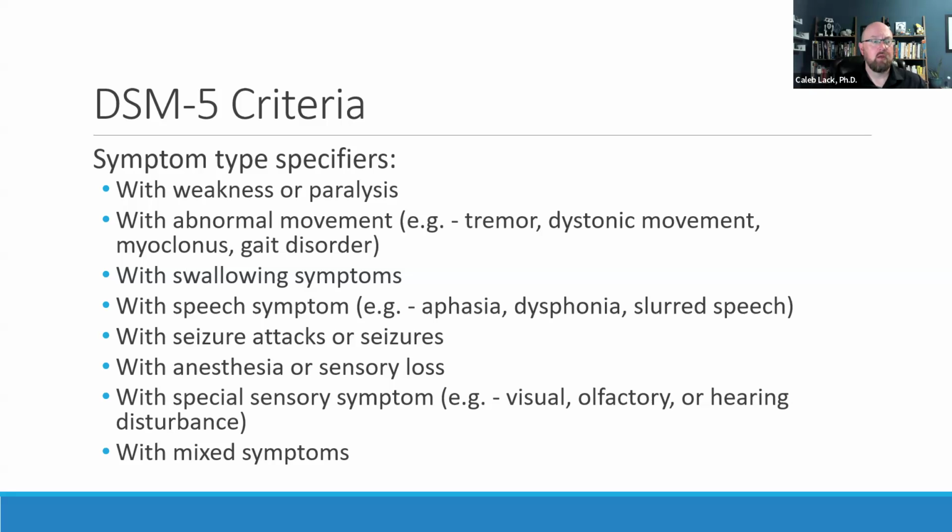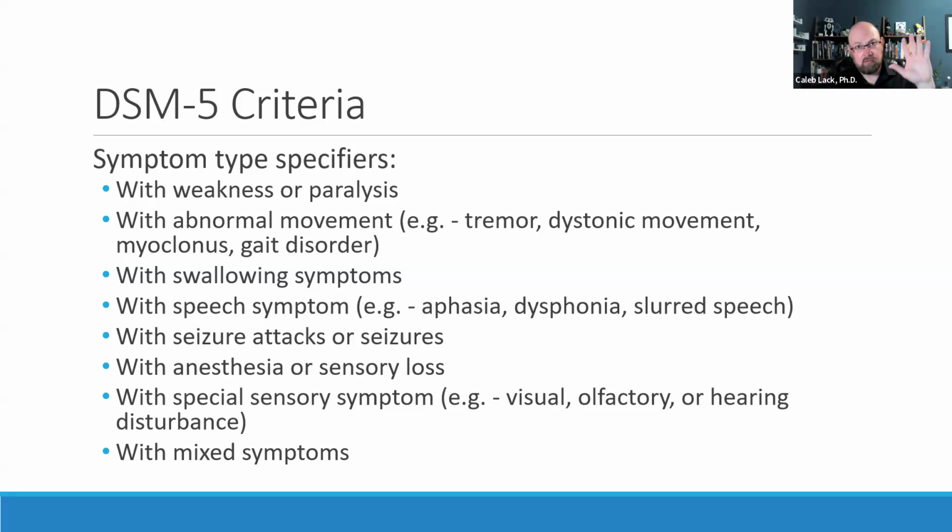So it's not necessarily that I lost this, but things are different, right? Like the way that I'm perceiving visual or olfactory or auditory information has changed in some fashion. And then the last one you see there is with mixed symptoms. That's where you're having this with multiple kinds of symptoms.